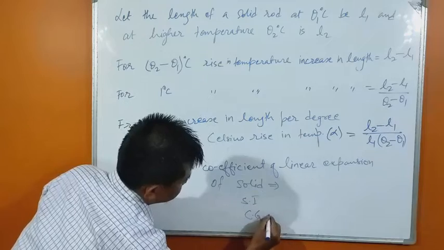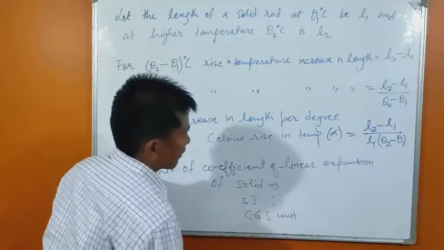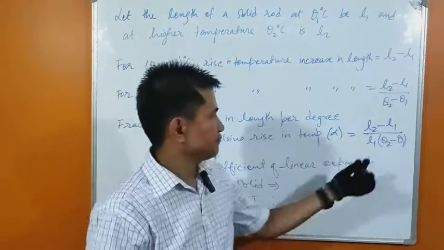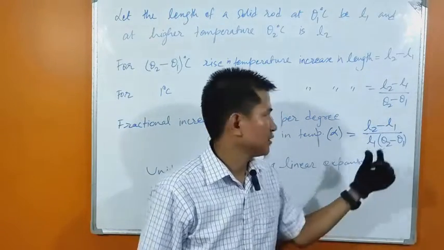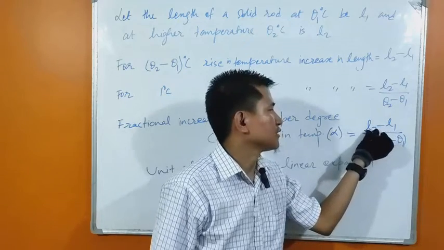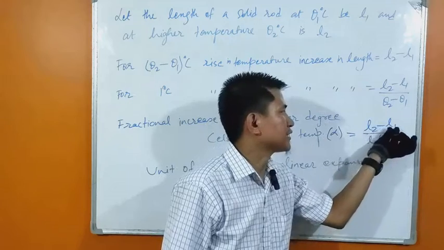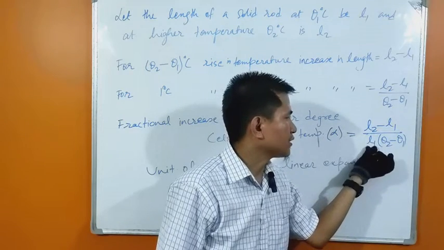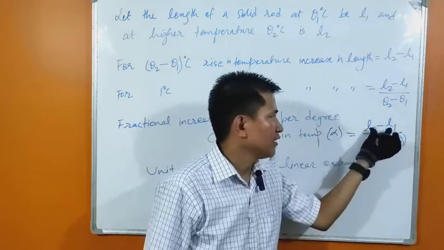Okay, see here, length minus length is length, isn't it? Suppose for this length, we write the unit centimeter. Okay, centimeter minus centimeter, we get centimeter, and this centimeter cancels out, isn't it?